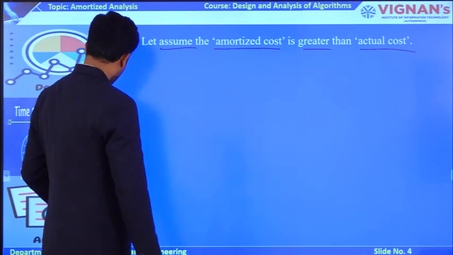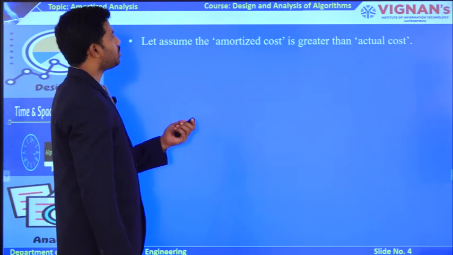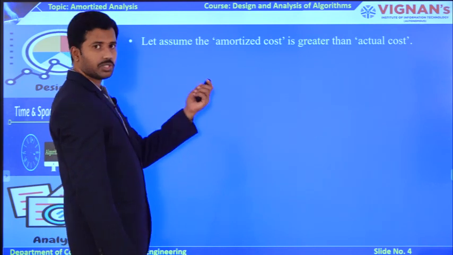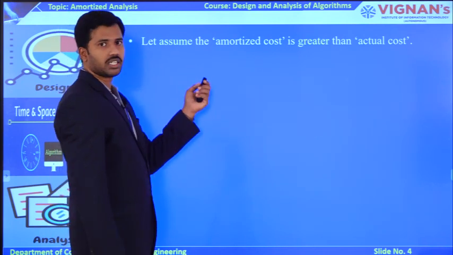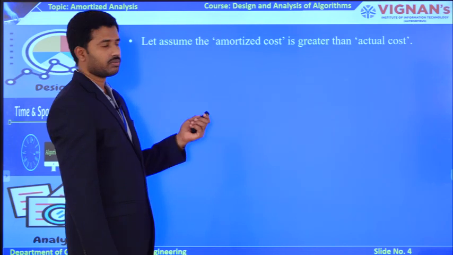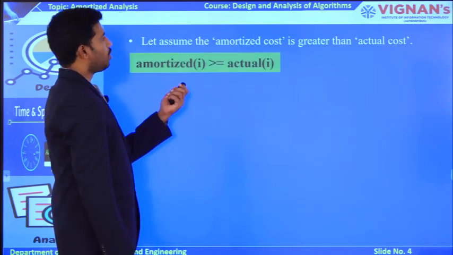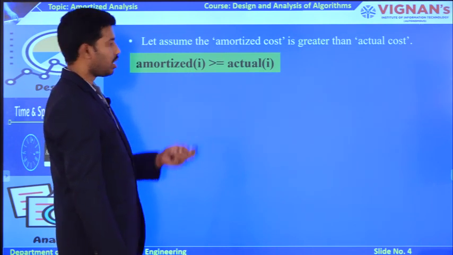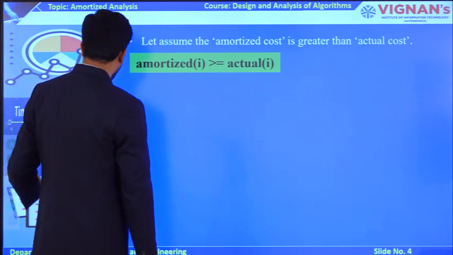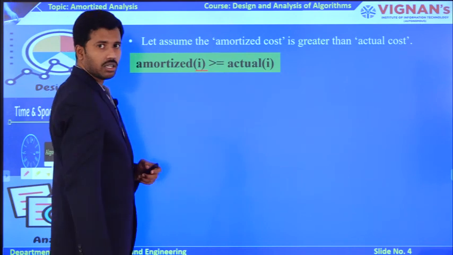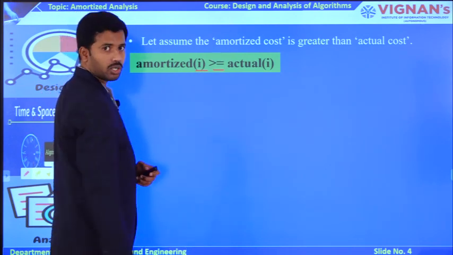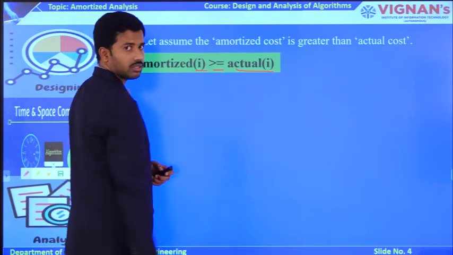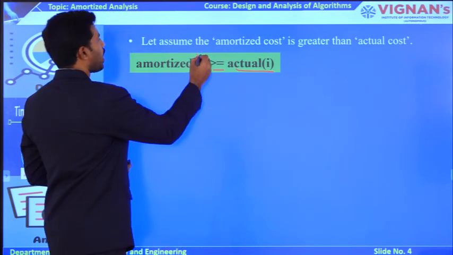So if I prove this statement, ultimately my analysis is going to be correct. Okay. So now you just assume, and observe how to convert this statement into a mathematical form. The statement will be converted into a mathematical form like this: amortized of i is greater than or equal to actual of i. What is meant by amortized of i?